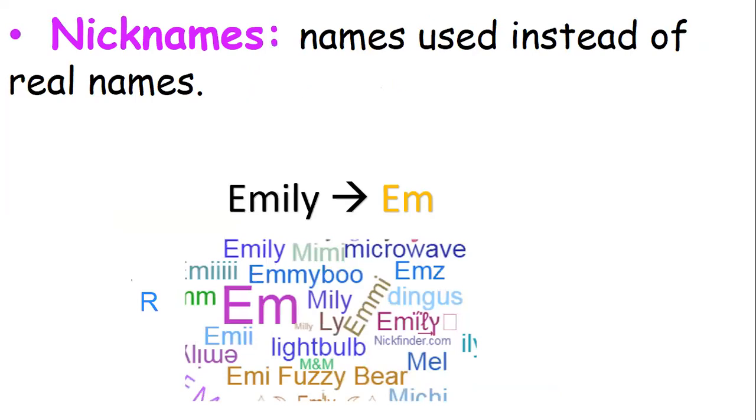Nicknames. What's the meaning of nicknames? Names used instead of real names. For example, if we have Emily, the nickname is Em. So, nicknames, names used instead of real names.